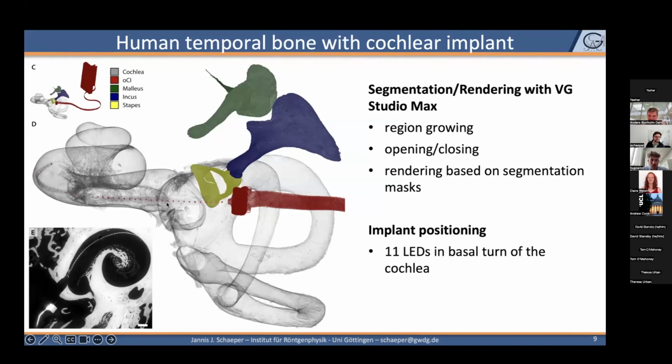And now, if you know at what position of the cochlea an LED is, you can then map which frequencies are resolved at that point. So for hearing research and for hearing restoration, this is an interesting model. And here also, segmentation was done with region growing algorithms in the cochlea.